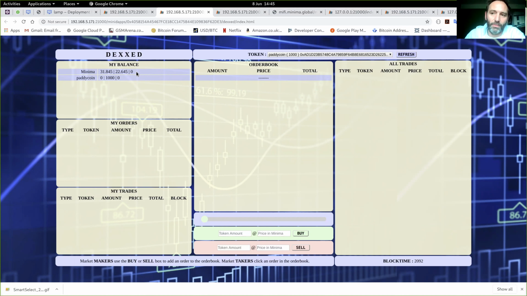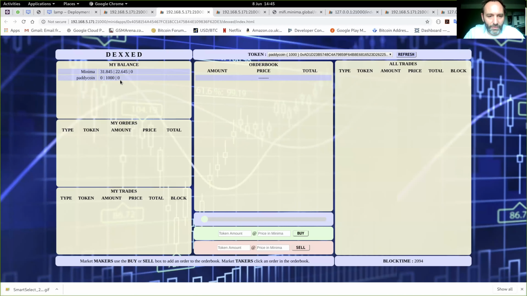The chain determines the token ID. That number there, AD1D23, blah, blah, blah. That's not decided by me, obviously. And now I have an output of 1,000 with that token ID. In Minima terms, it's 0.01, but in token terms, it's 1,000.